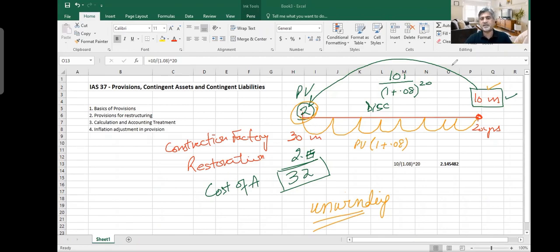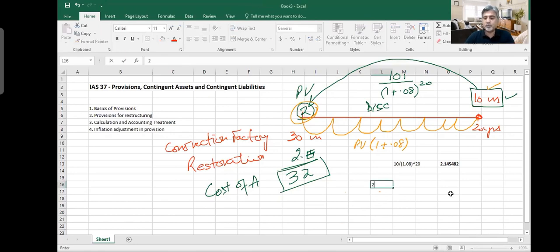Now let me put some numbers here and see how it works. I have my present value, which I call my opening provision. My opening provision is 2 million, and I do my unwinding in year 1 at 8%.